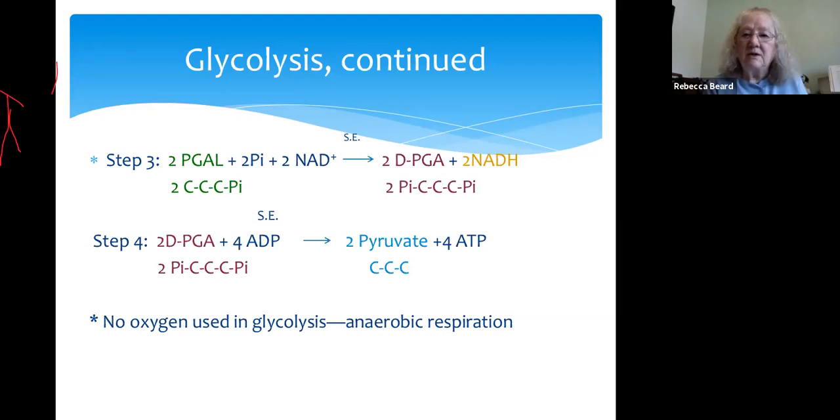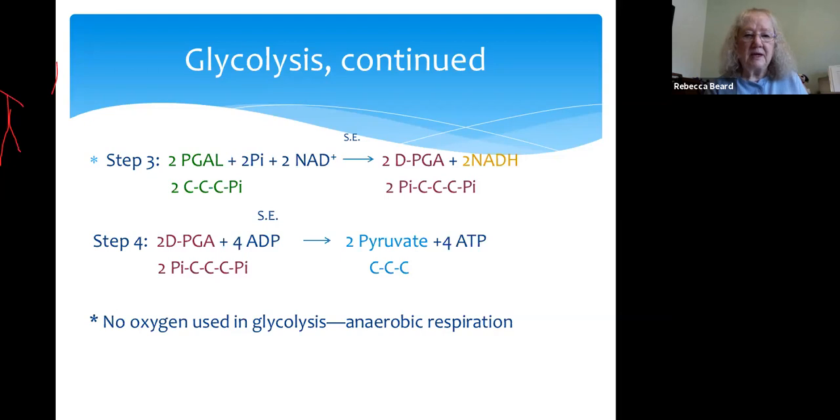So we had 12 hydrogens. Now 2 of those have been taken away by these NAD molecules, and those are going to be set aside until later in our reactions.